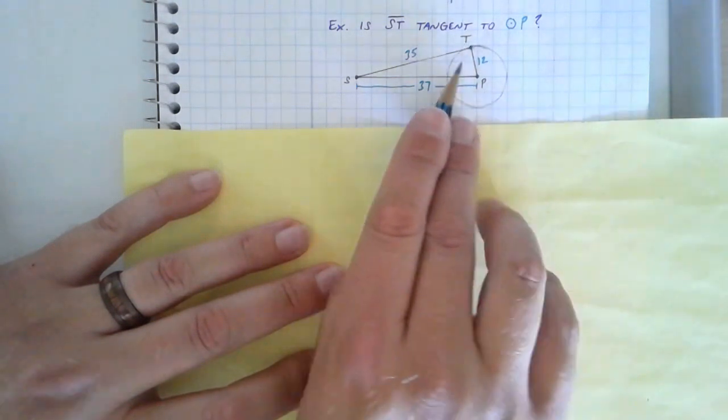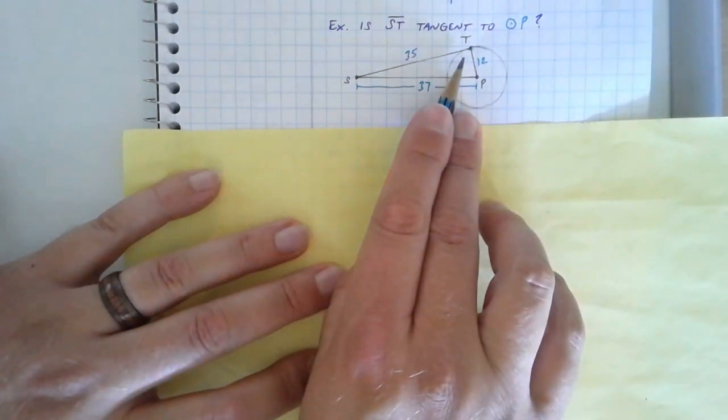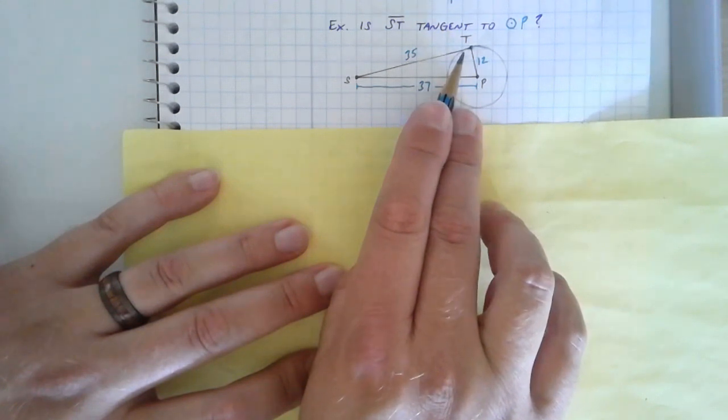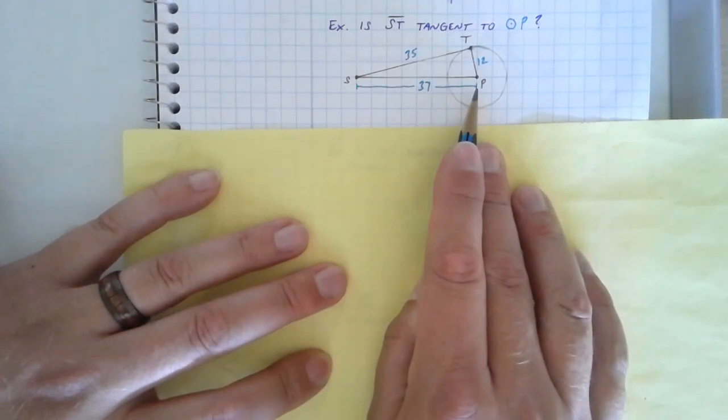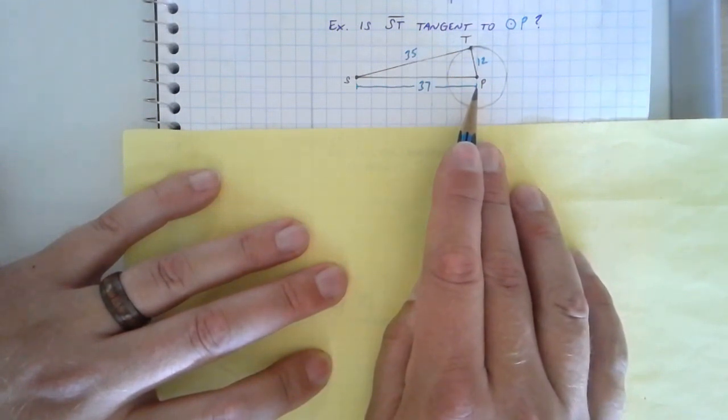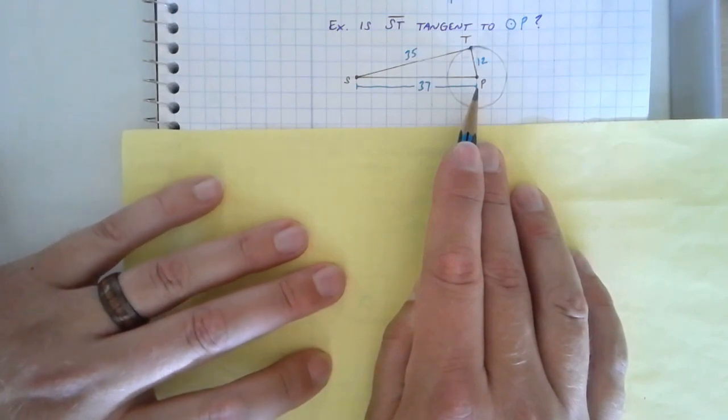Okay, so if that's 90 degrees, here's where you have to connect the dots to a previous chapter. If that's 90 degrees, that forces this triangle, triangle STP, to be a right triangle. And if it's a right triangle, then I can use the Pythagorean theorem. Okay?